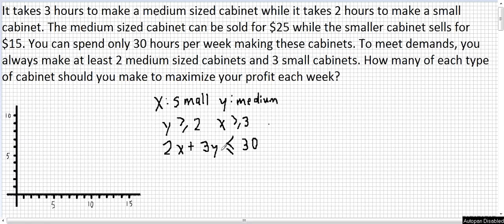Let's solve this inequality for y so that we find the equation for the boundary line. We subtract 2x from both sides of the inequality, then divide by 3. So that gives us y is less than or equal to minus 2/3 x plus 10.